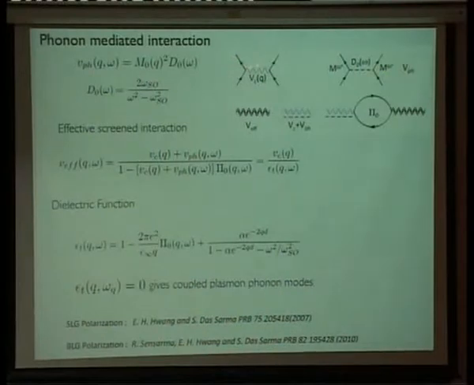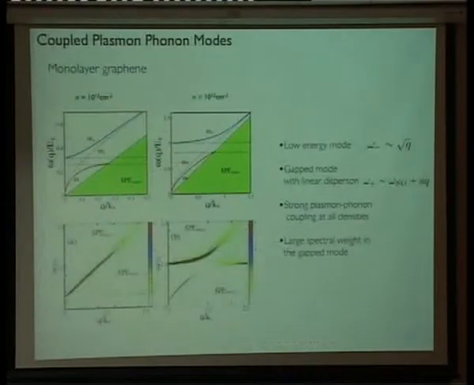One way of understanding it: you had your original interaction, this is your Coulomb interaction, but now the electrons can interact with the phonon, so that can give you an effective vertex, which can renormalize your effective polarization and epsilon and so on. So you can do this whole theory, and you can calculate the dielectric function, and from that you can get the optical spectral weight.